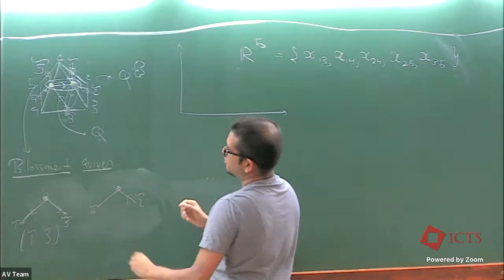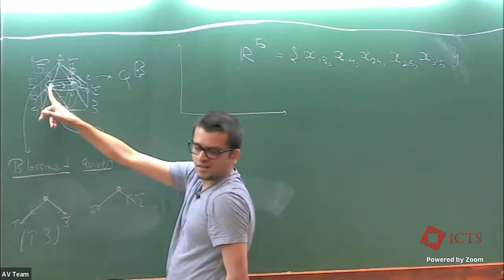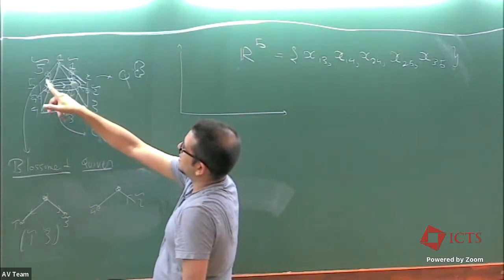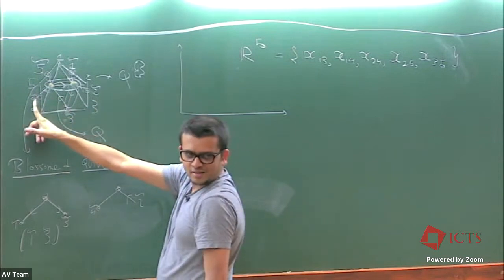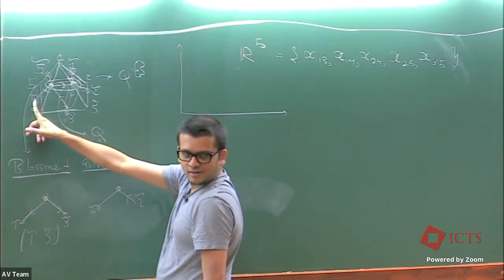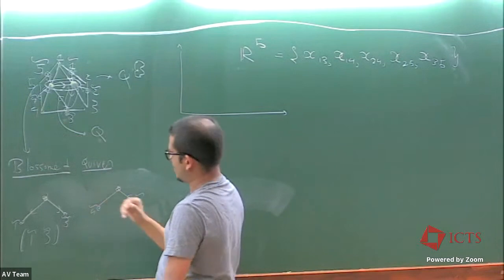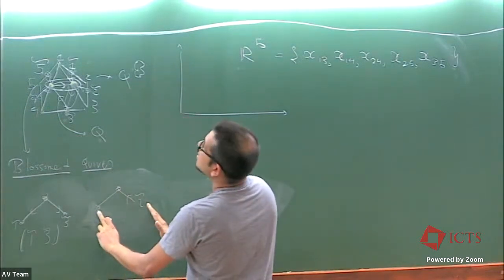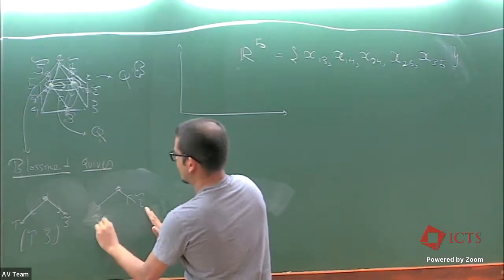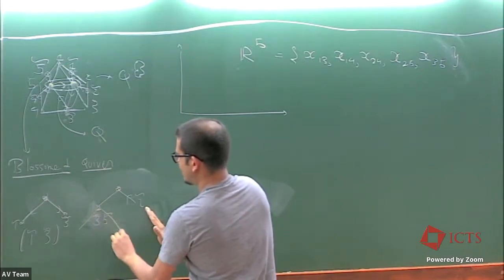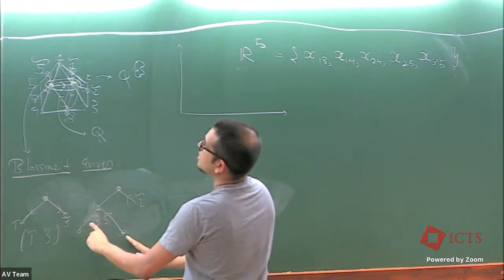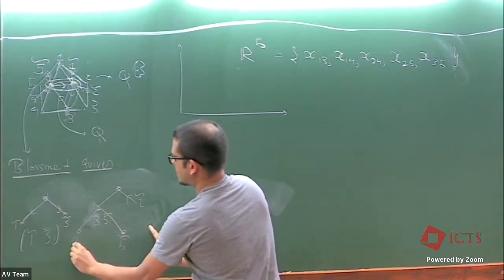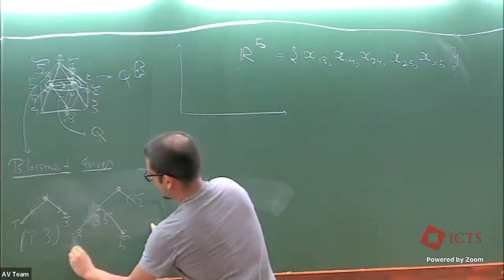But now you see that at 4 tilde you have two possibilities. Okay, this is 3 tilde, 5 tilde, sorry. And now from here, there are two possibilities. You can go to 5 tilde or you can go to 3 tilde, 2 tilde, 4 tilde.